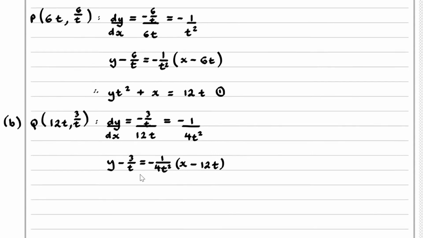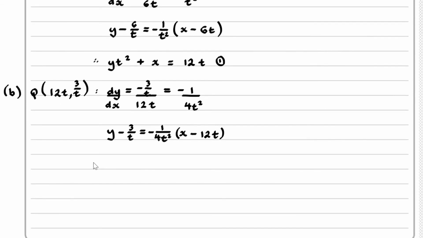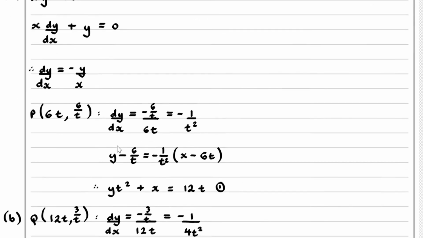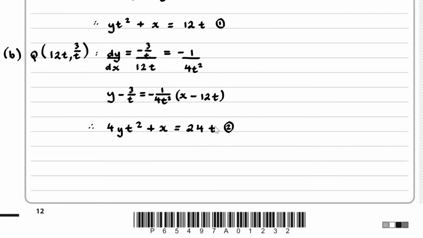And therefore, rearranging, we can see we have 4yt squared plus x equals 24t. We'll call this equation 2. So here is the equation of the tangent at the point P, and here is the equation of the tangent at the point Q.